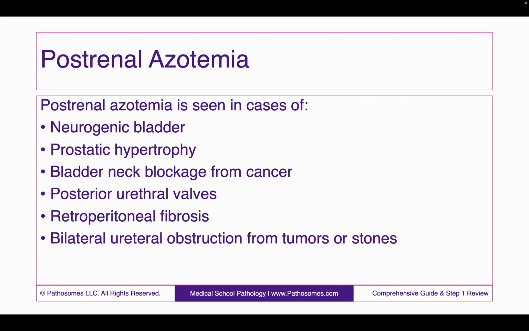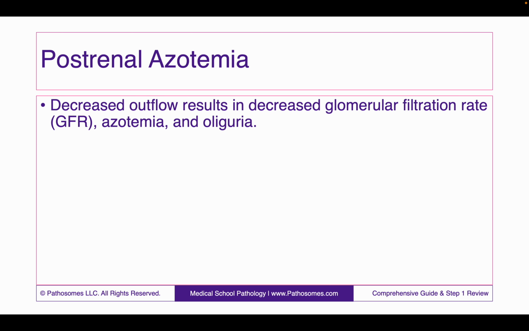It is typically seen in cases of neurogenic bladder, prostatic hypertrophy, right, causing a bladder neck blockage, per se due to cancer, posterior urethral valves, retroperitoneal fibrosis, or bilateral ureteral obstruction from tumors or stones. Decreased outflow results in decreased GFR, azotemia, and oliguria.